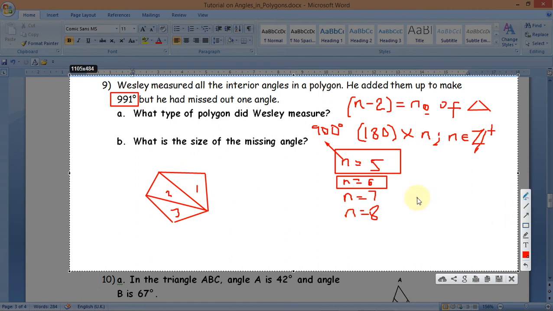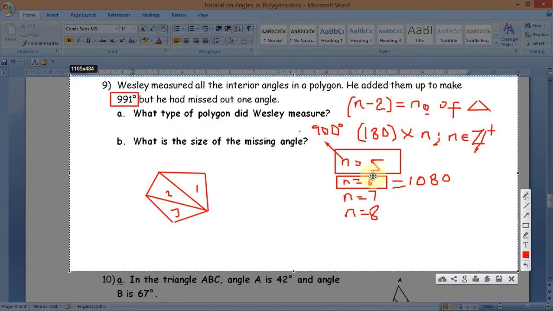So when n equals 6, the sum is 1080. We can work with 1080 now, guys. We don't need to waste our time there, because it should be more than 991. So what type of polygon did Wesley measure? The name of the polygon is a 6-sided polygon.